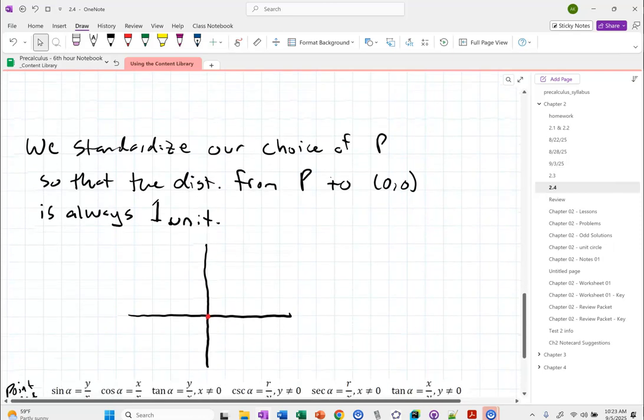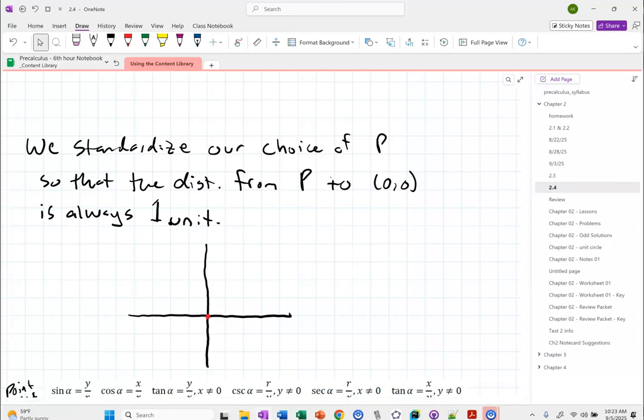So the completed version is we're going to standardize our choice of P so that the distance from P to the origin is always going to be 1 unit long.